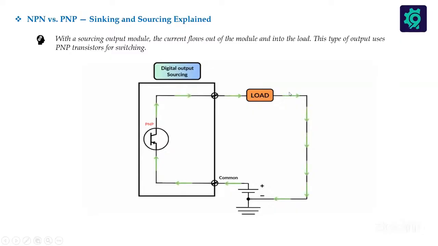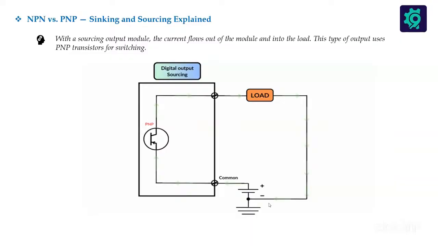Then the last end of the load or the switch, whichever one, will come to the power supply as negative, to complete the circuitry. This power supply can be within the PLC alone, and it can also be an external power supply.